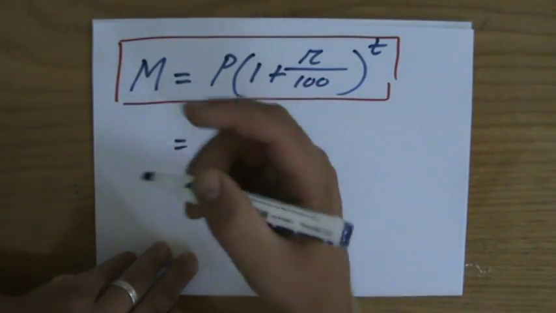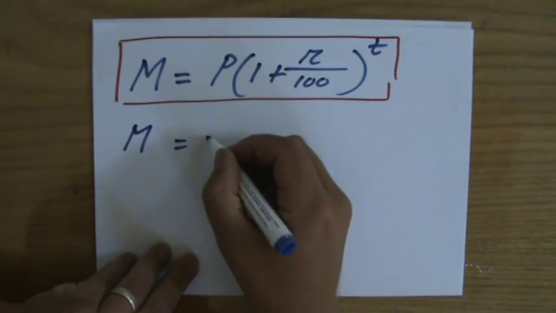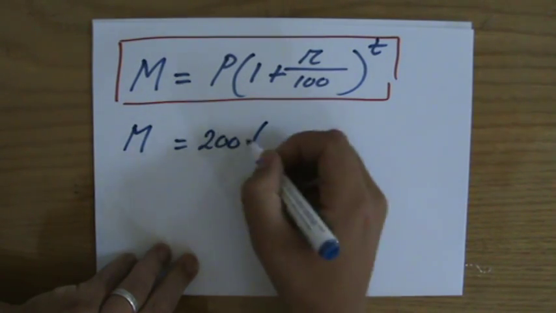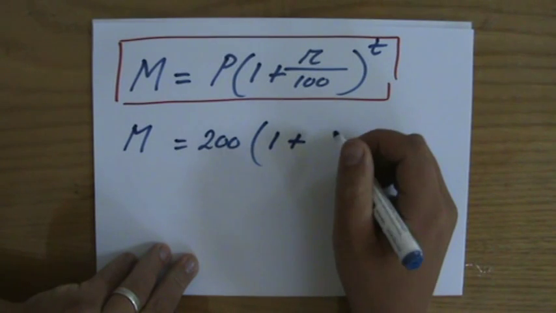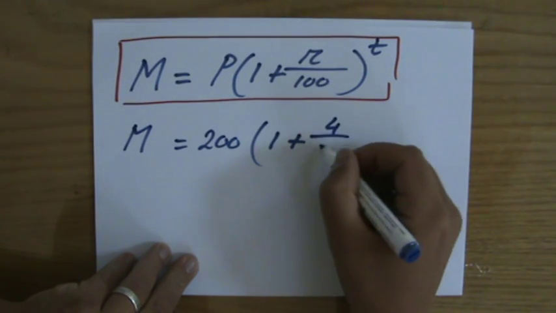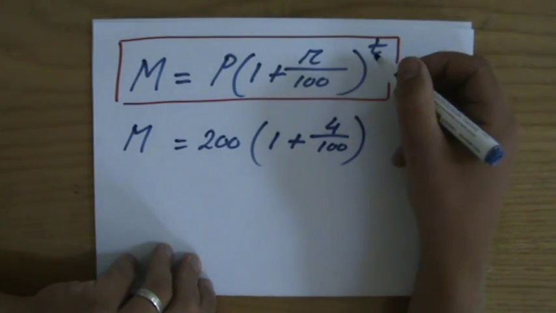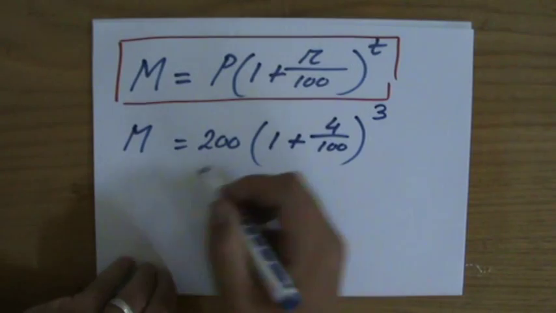P means your starting value. So if I go back to our example, that was $200 times, in those brackets, 1 plus how much percent did I get? 4%, to the power T, the amount of years, or units of time you're going to invest it, 3 in our case.